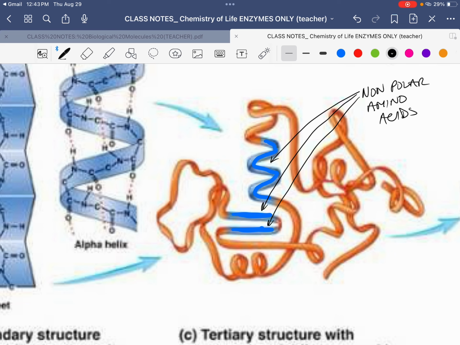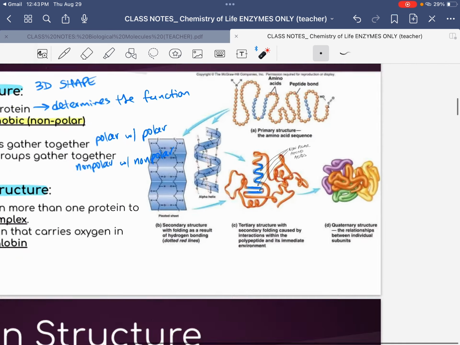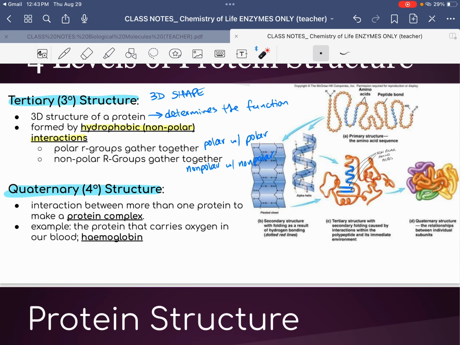And they like to hang out together. They want to group together. And because they're hydrophobic, they tend to fold into the interior, right? So these non-polar R groups.